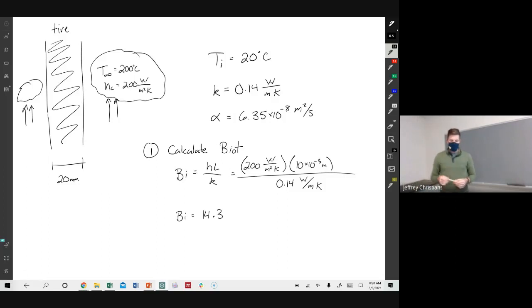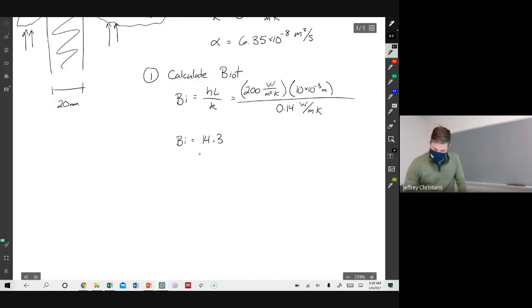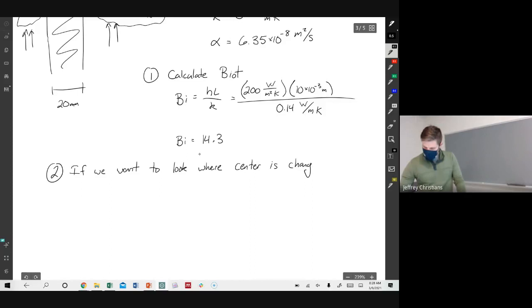If we want to look at times where the center of the tire is changing, we can't use the semi-infinite solid.